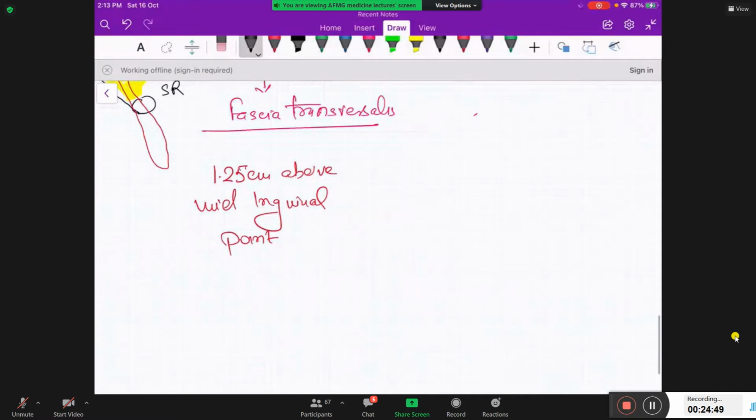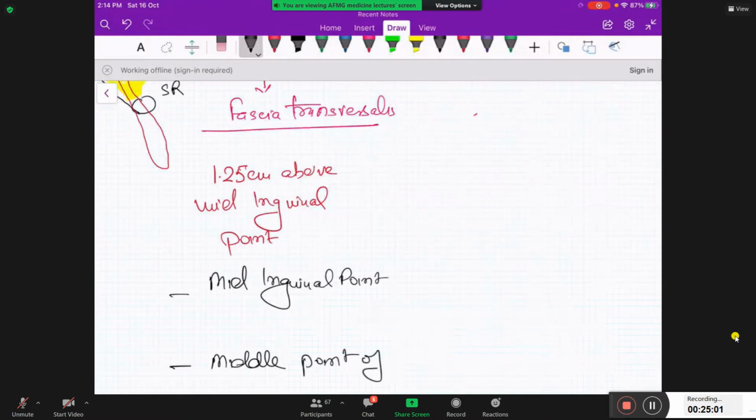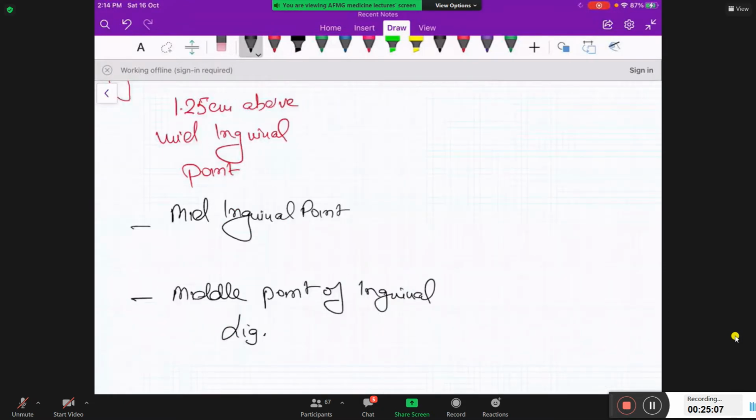What is the difference between a mid-inguinal point and the middle point of inguinal ligament? Mid-inguinal point and middle point of inguinal ligament are very commonly asked questions. What is a mid-inguinal point? Can anyone tell me?